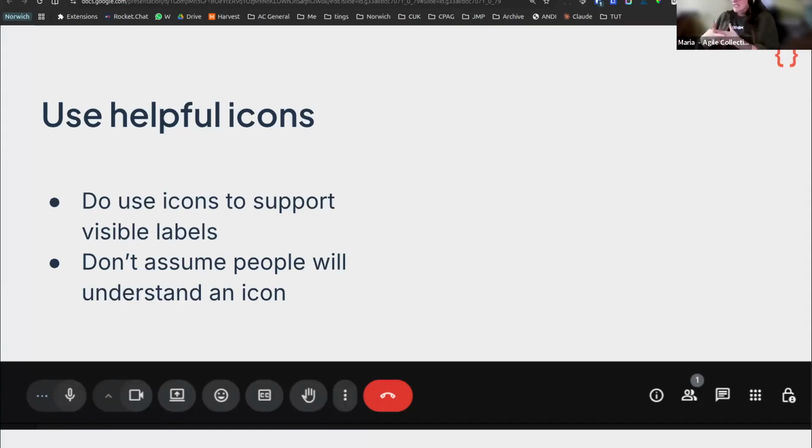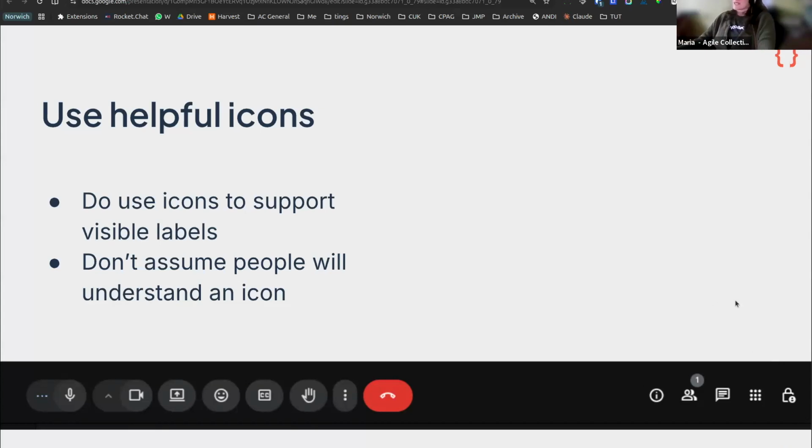Some people find it really helpful to have icons supporting visible text labels, because a lot of people find icons more recognizable than words. But don't just use icons. And don't assume that people will understand what that icon means, because that's not actually how we work. There isn't a universal set of meanings to a lot of these icons.